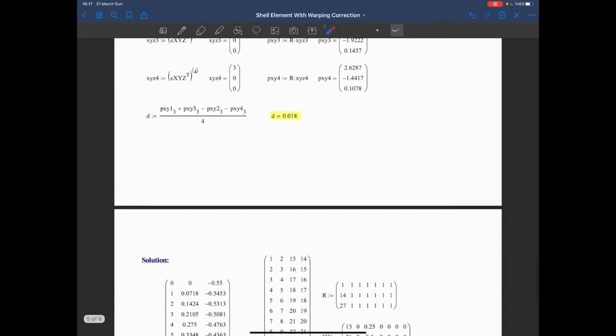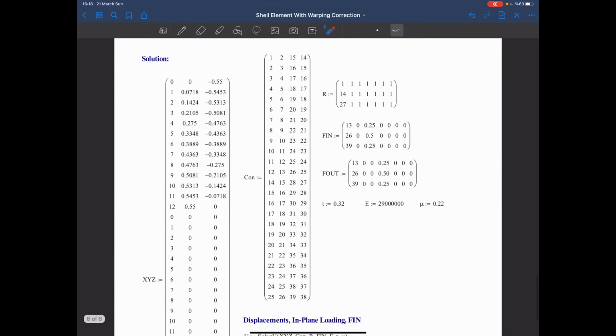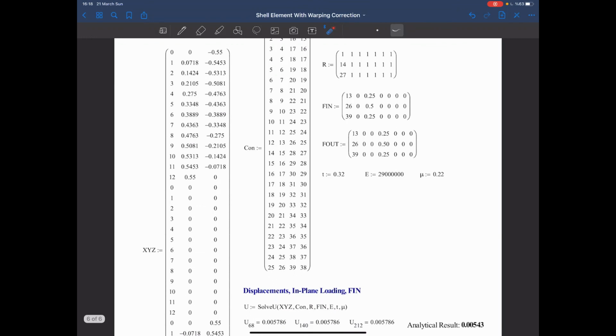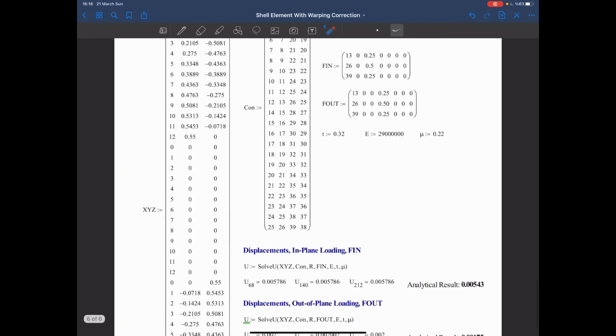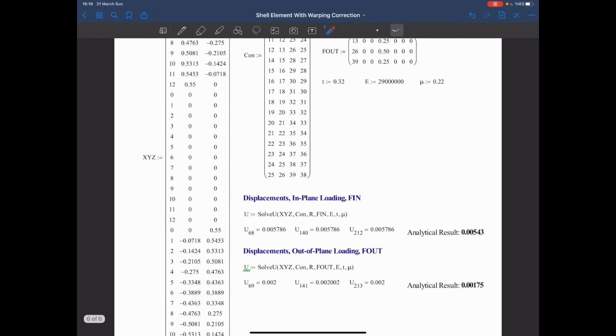Now the solution. This is the nodal coordinates of the whole structure. Connectivity matrix. Restraints, I have the in-plane loading and out-of-plane loading. Thickness, material properties. So for the in-plane loading, I do the solution, and the tip displacement that I obtain is equal to 0.0057, and the analytical result is 0.54.